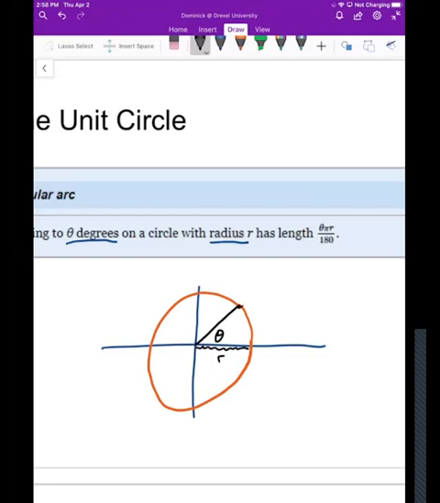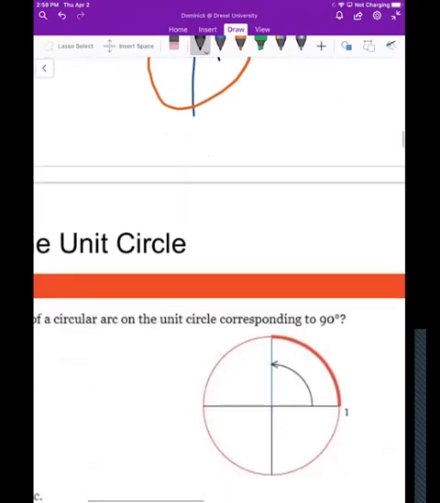Now, when I say the arc, I mean this little sliver of the circle right here. And so to get the length of that sliver, you're going to take pi, multiply it by your theta and times your radius, and then divide that by 180. So let's look at that.